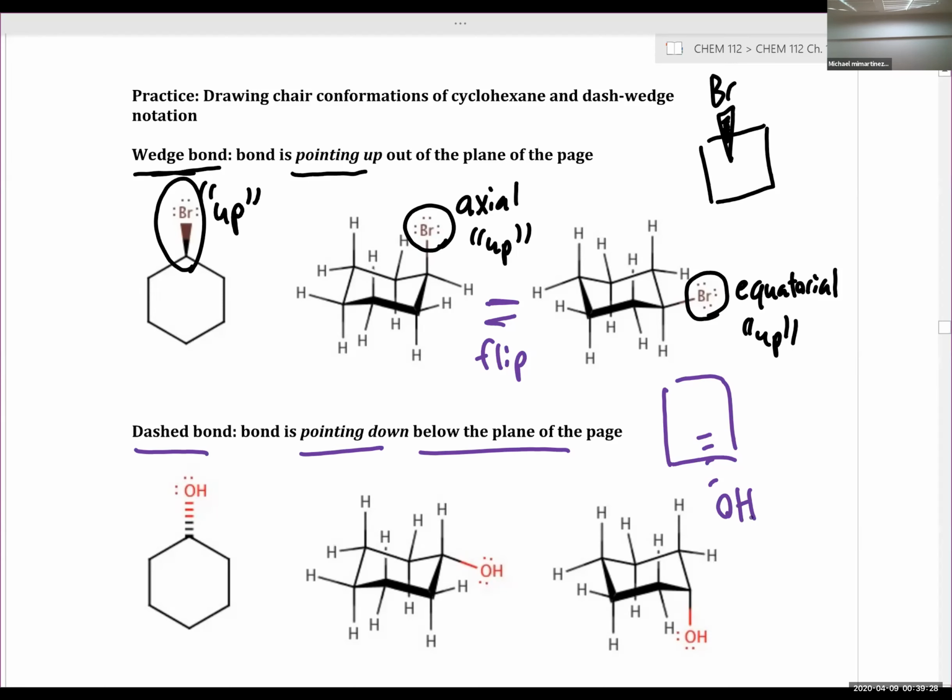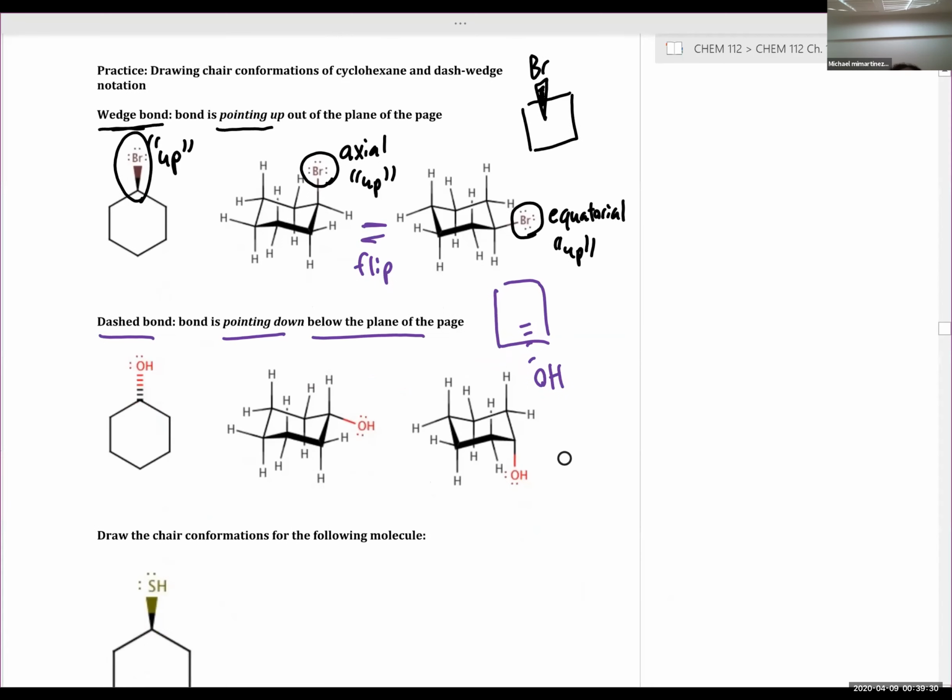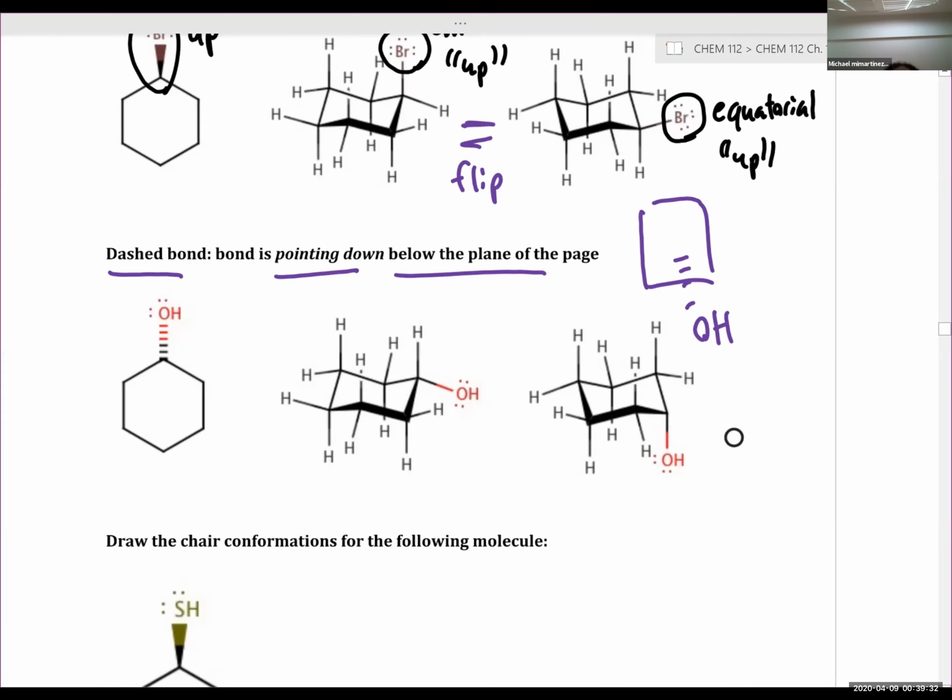So let's look for comparison what the dashed notation indicates. So the dashed bond indicates the bond is pointing down below the plane of the page. So to give you an example of what a dashed system would look like, let's put an OH group on our methyl ring.